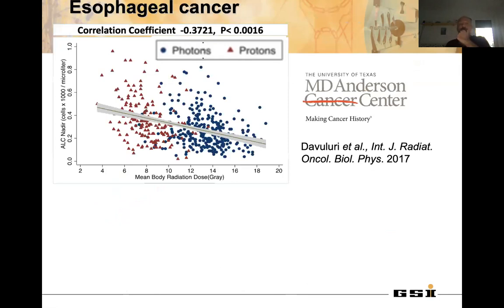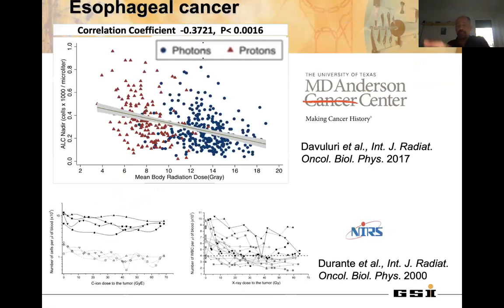And in fact, this is for esophageal cancer. These are recent data from the MD Anderson Cancer Center on lymphocyte reduction in patients with protons in red and photons in blue. You see that those patients from proton therapy are better off than the patients with IMRT, but these results are almost the same as the results here.